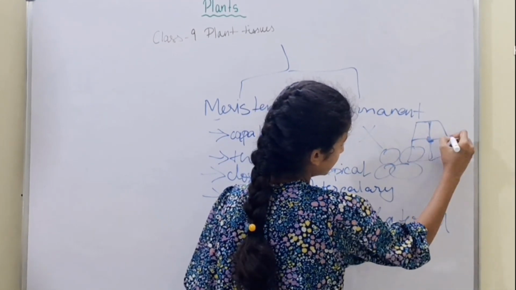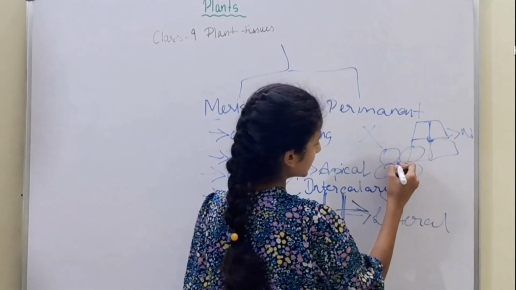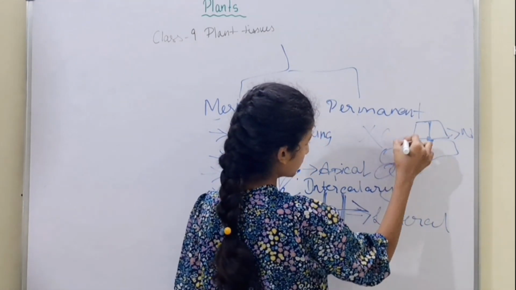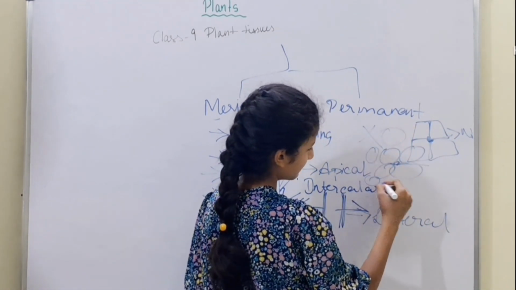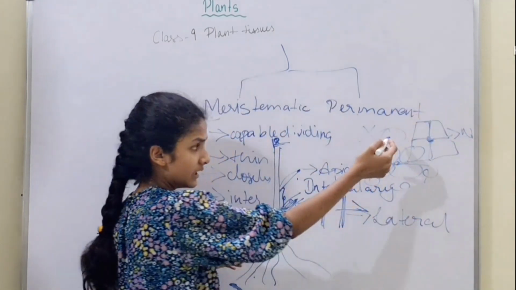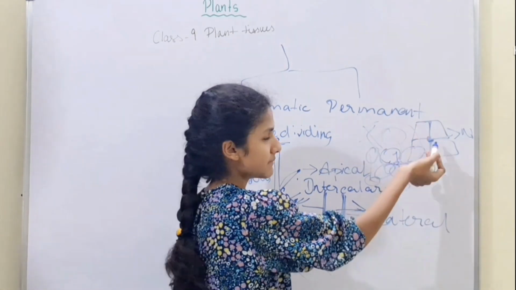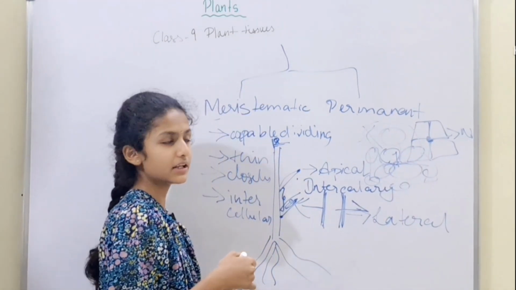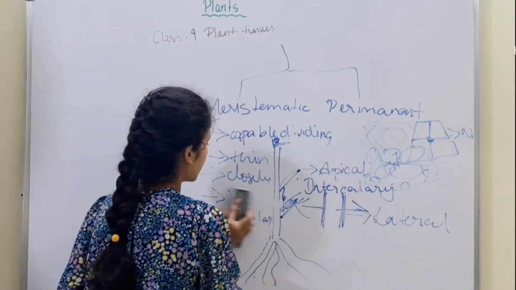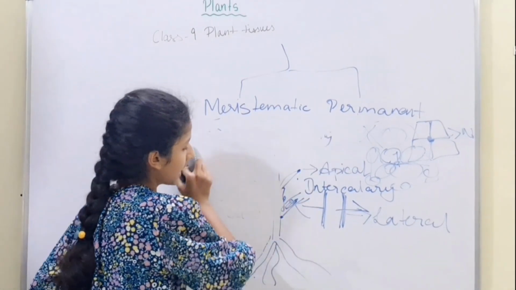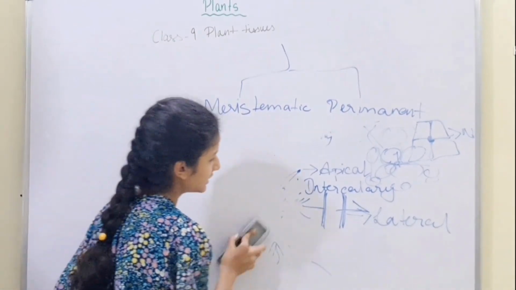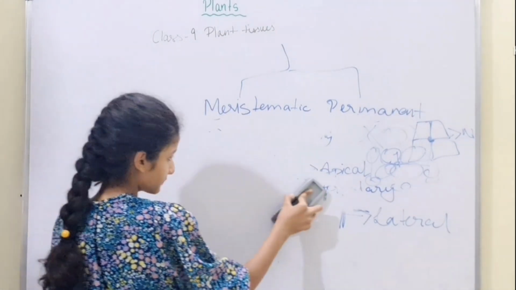In some tissues we have intercellular spaces, whereas in meristematic tissue we are not going to find any intercellular spaces.